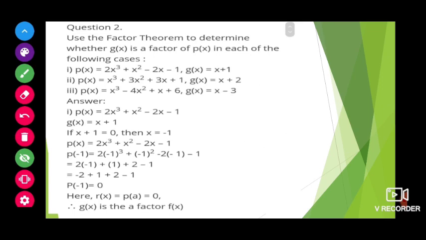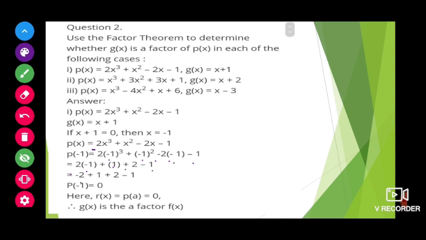Now we will see. x equals minus 1. If we substitute, 2 into (minus 1) whole cube plus (minus 1) square minus 2 into (minus 1) minus 1. Now 2 into (minus 1) cube, whenever we apply the cube, minus remains the same. 2 into minus 1, plus (minus 1) square means plus 1, minus of minus plus 2, minus 1.